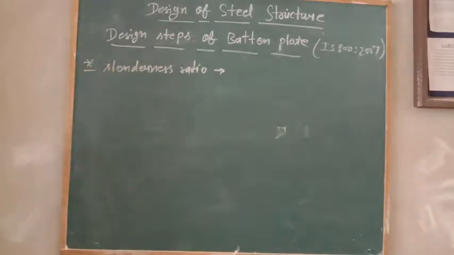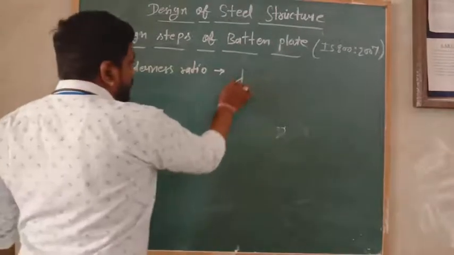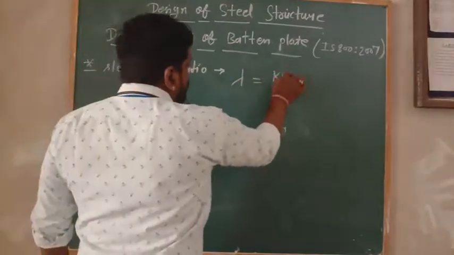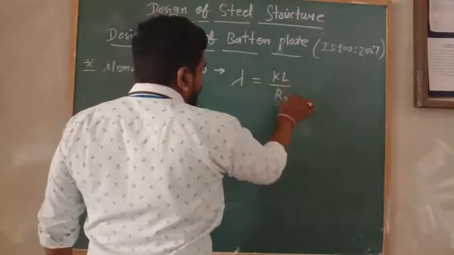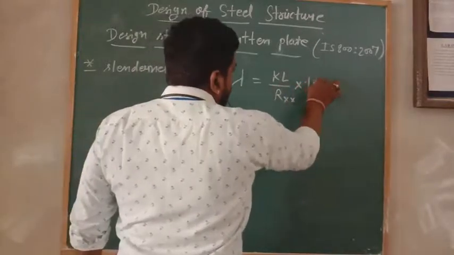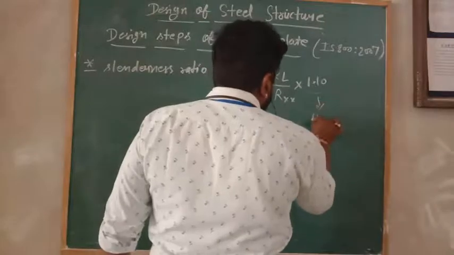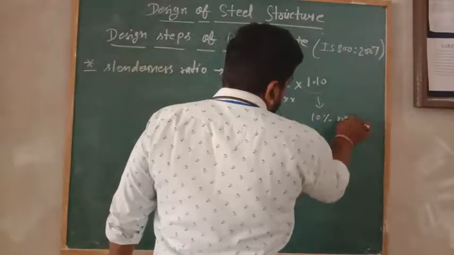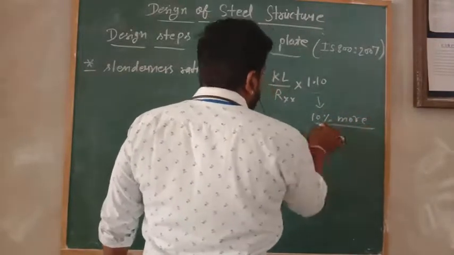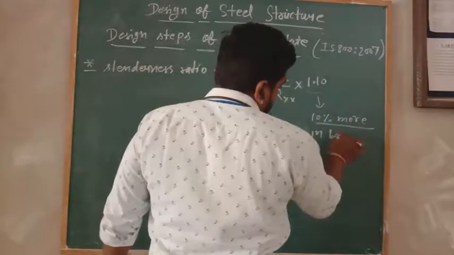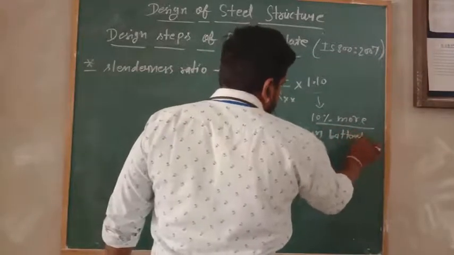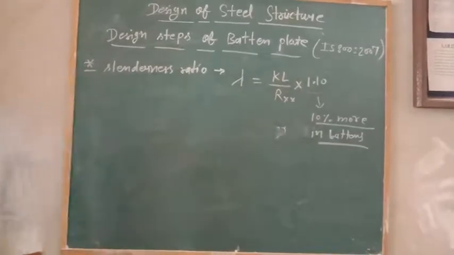But for batten plate, the slenderness ratio is KL upon Rxx into 1.10. The 1.10 is 10% more in battens.